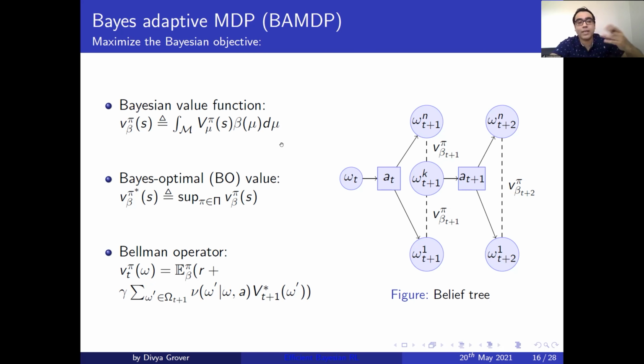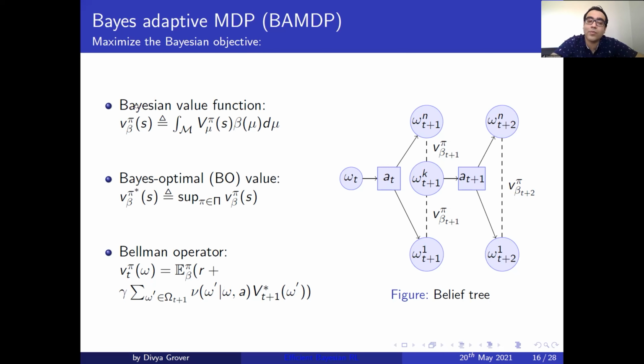Before that, I would like to recall that the objective function has slightly changed. It's now the value function of the states, but weighted by the beliefs of particular MDPs. So this is a value function for a policy for a fixed MDP, but then you weight it over the belief of that MDP. This weighted value function is what is called the Bayesian value function.